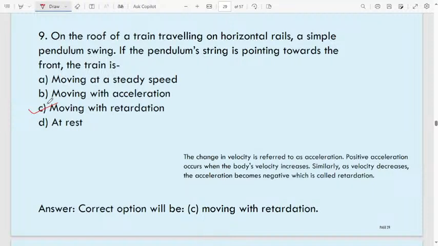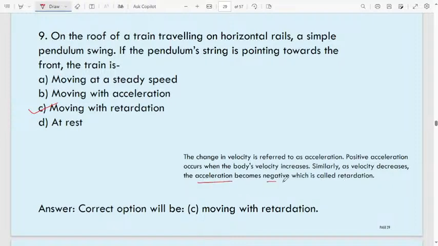What is meant by retardation? Retardation, it will be the negative acceleration. See, the change in velocity is referred to as acceleration. The positive acceleration occurs when the body velocity increases. Similarly, as velocity decreases, the acceleration becomes negative, which is called retardation.